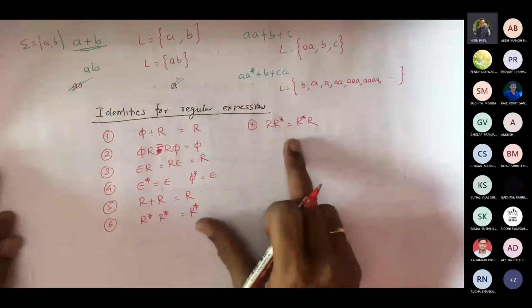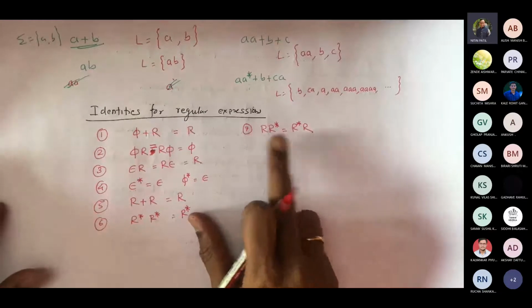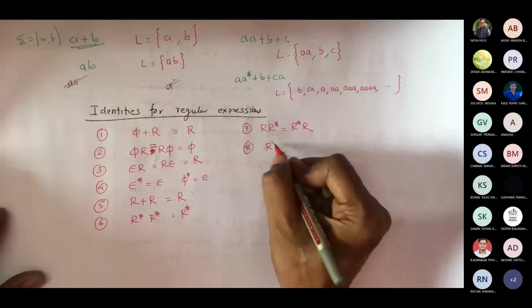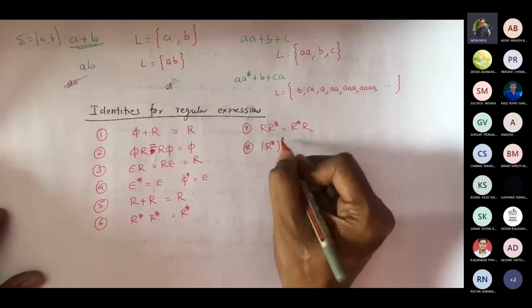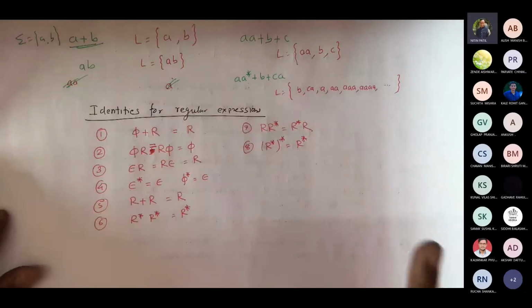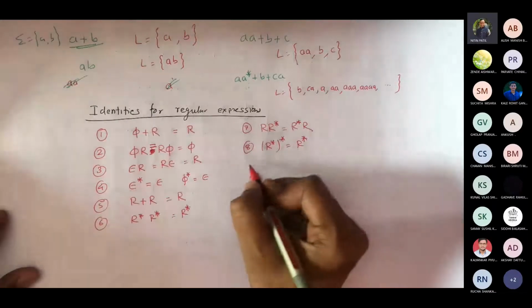In both the cases it is the same, the way that you write, correct? Eighth, if I take closure for r star, it will remain r star only. Now you replace r by any symbol, correct?